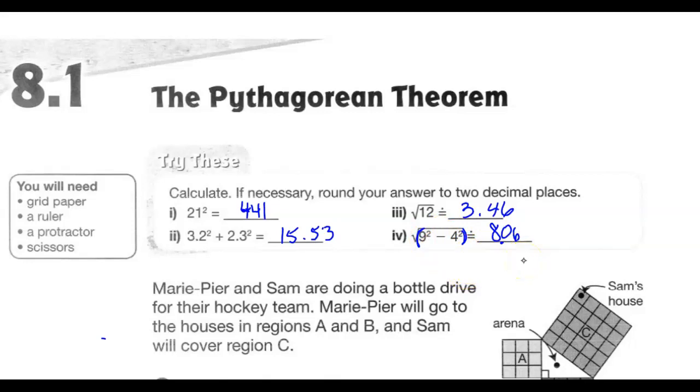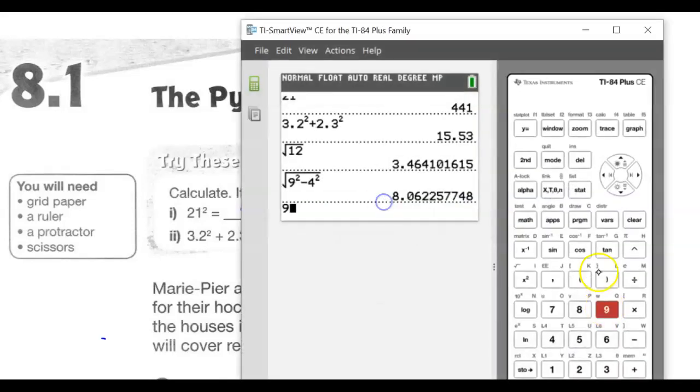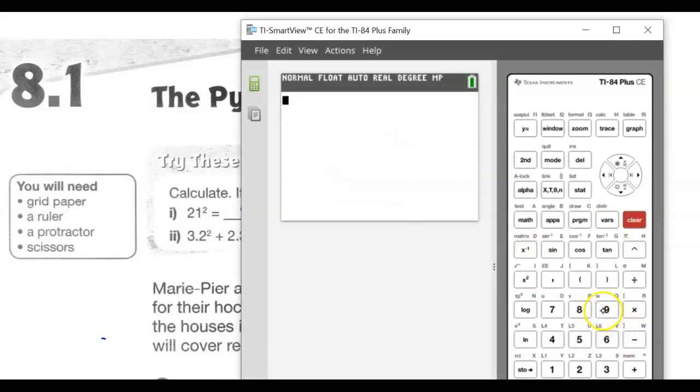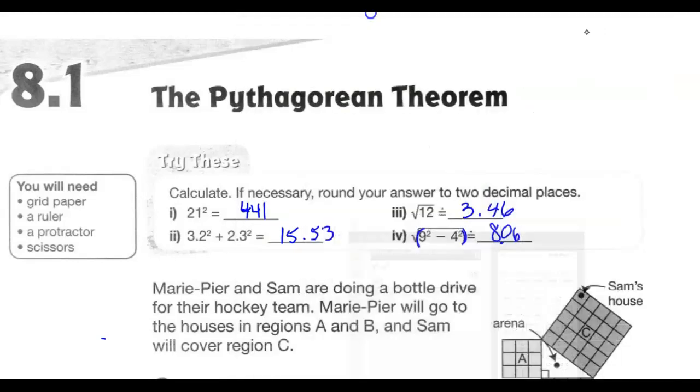If you have a scientific calculator where you can't see the square root, then you might have to do 9 squared minus 4 squared first, and then take the root of 65. And you'll get the same answer.